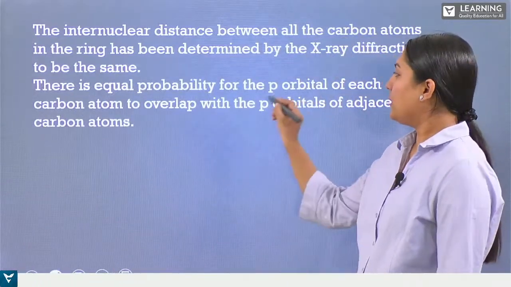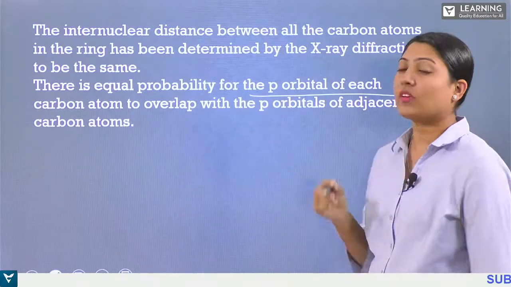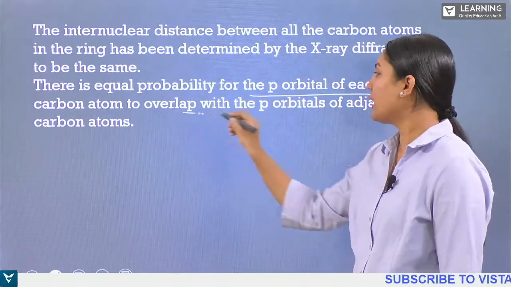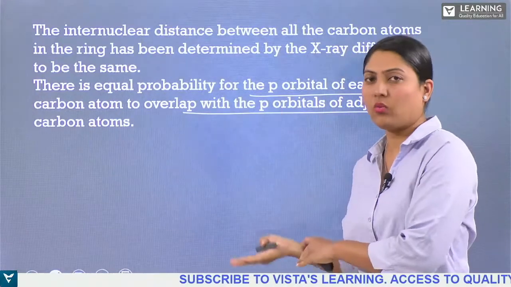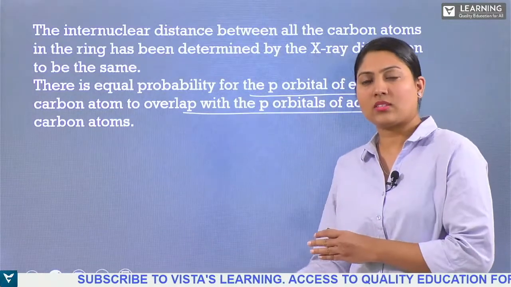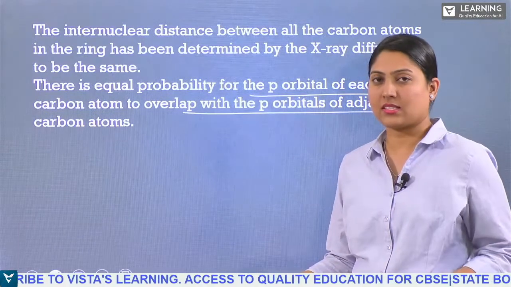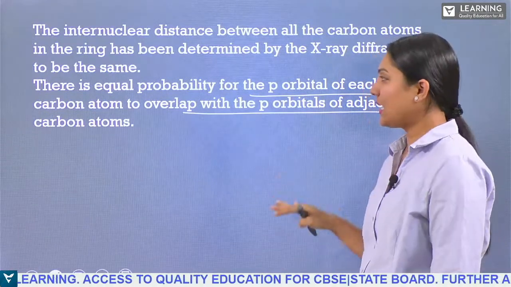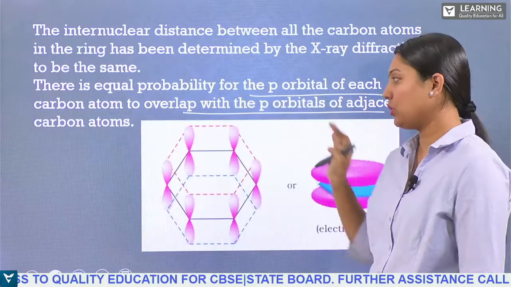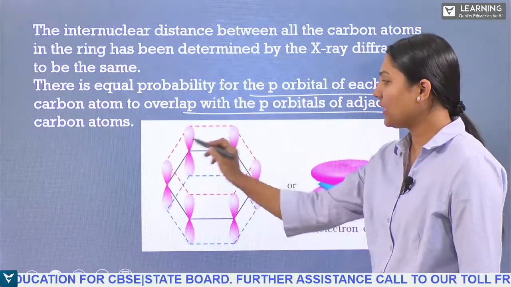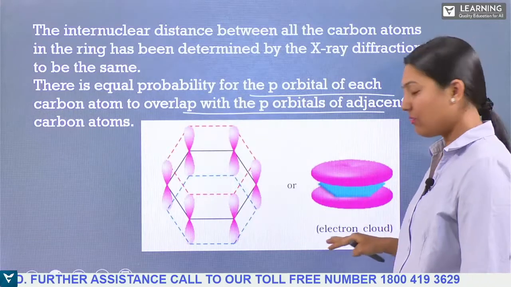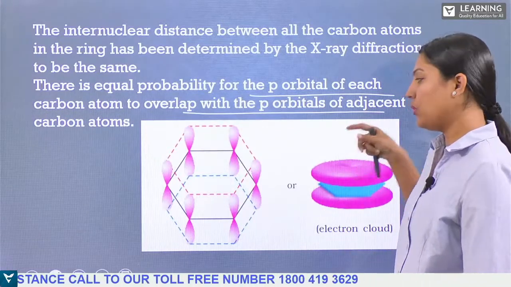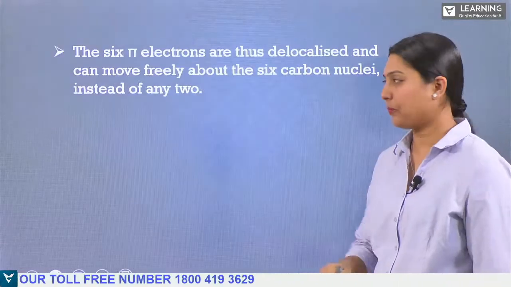There is an equal probability for the p orbital of each carbon atom to overlap with the p orbital of the adjacent carbon atom. Either C1 can go with C2 or with C6, on either side, and they have an equal probability of doing so. Hence we get this ring where the pi bond is present and we have the electron cloud above and below the plane.